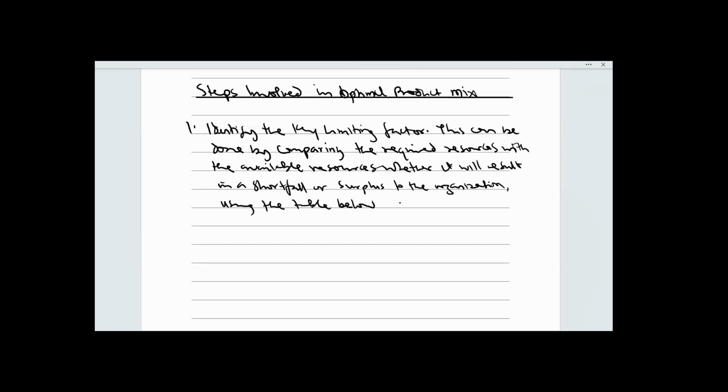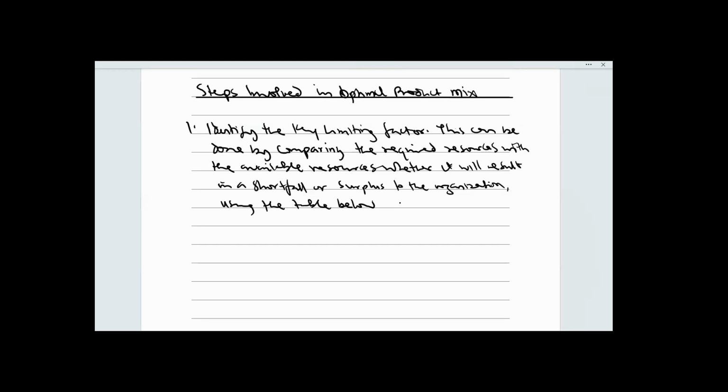So in a question under optimal product mix, the examiner will tell you that raw material is limited to, let's say, 100,000 kilogram, or labor hour is limited to 300 hours. You are not going to just listen to what the examiner is telling you.